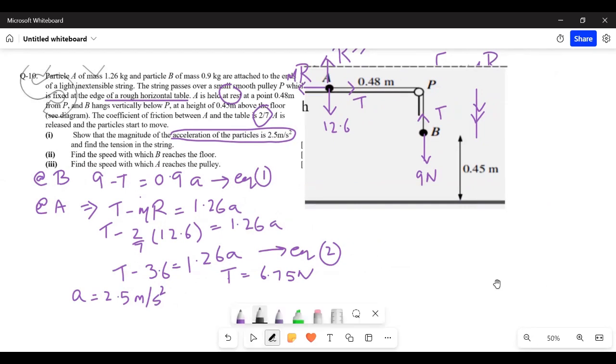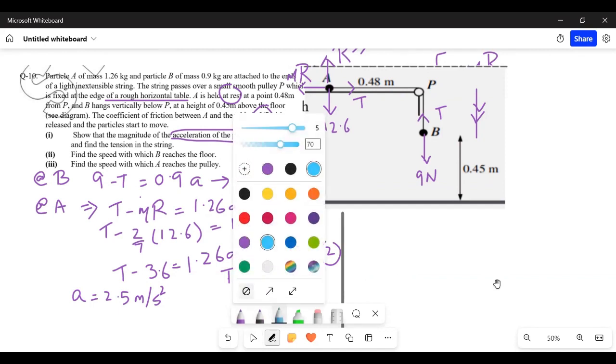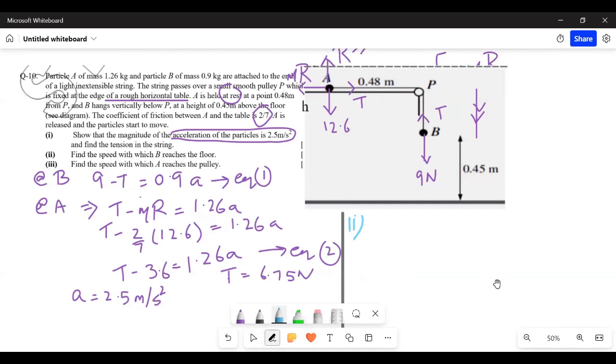Next is find the speed with which B reaches the floor. So we need the speed when B reaches this point right before it hits the ground. So what do we know about this part of the journey? We know that U is 0. We know S is 0.45. And we just found acceleration as well, 2.5.